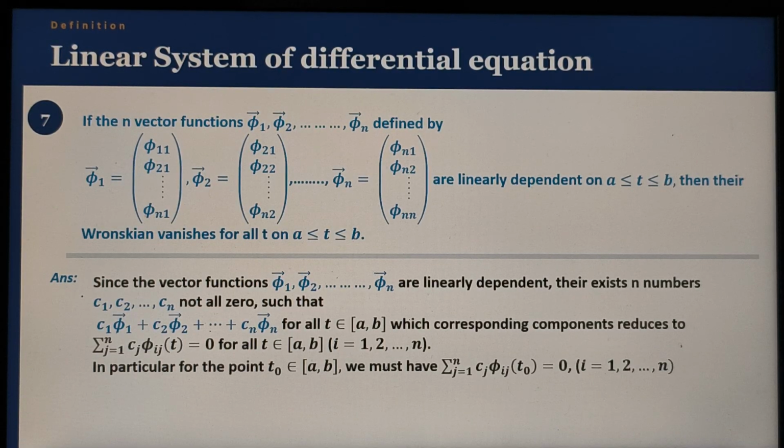So in particular for the point t0, we must have the summation, j equal to 1 to n, cj phi ij(t0) equal to 0.